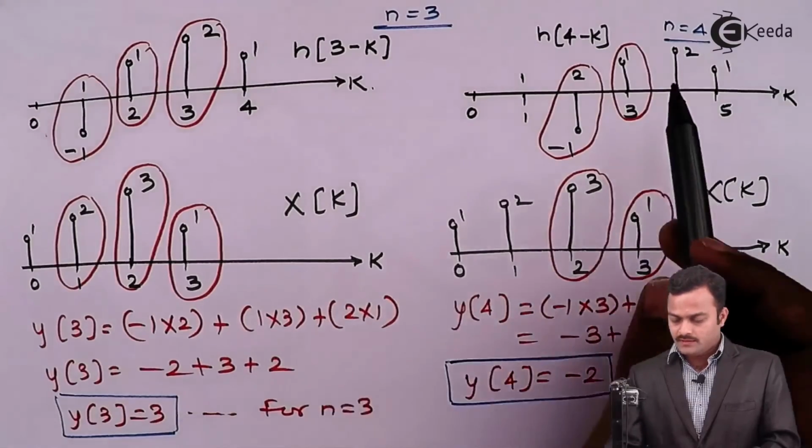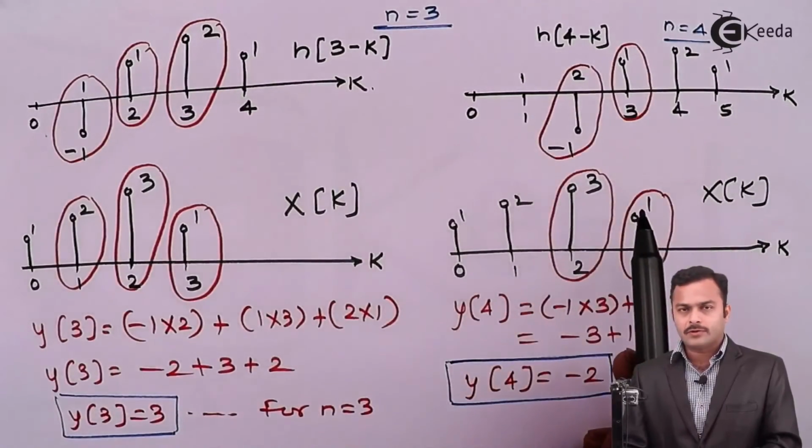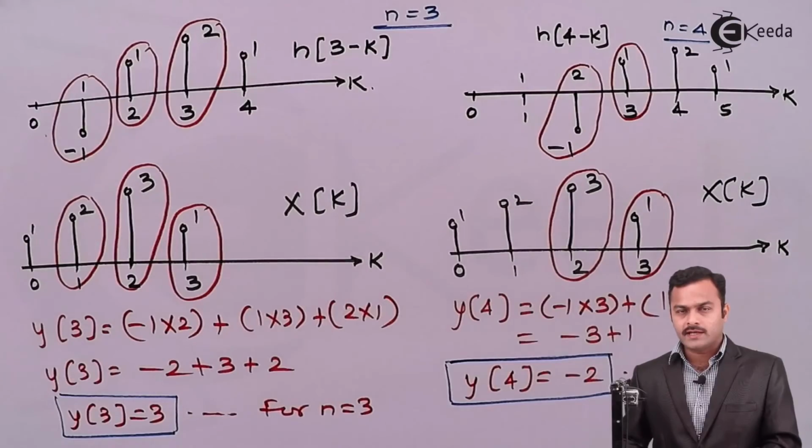If you see properly, for one more shift I will get a sample point common. So we need to do it for n equal to 5.